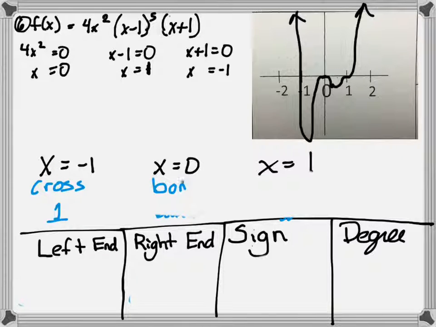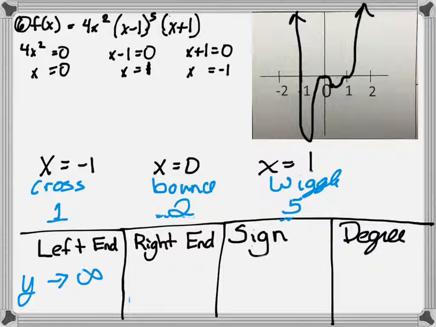Bounce. And the exponent? 2. At positive 1? Left end, y approaches positive. Right end, positive. And the sign of the leading coefficient, positive. And the degree, 8. Don't forget to add in that 1 for the one that didn't have an exponent written.